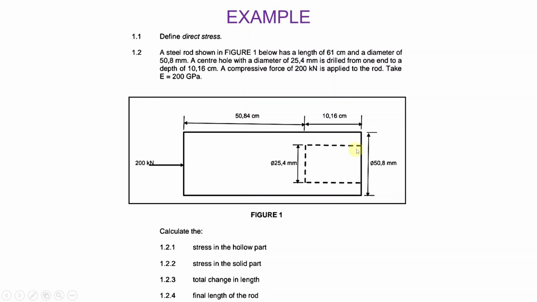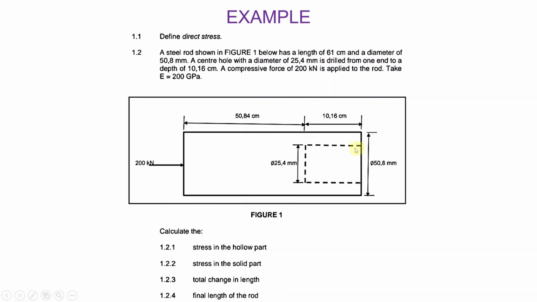Okay, so basically you have this object, but on one side there is a hole that has been drilled in the object. For those of you who have done engineering drawing, you can understand a drawing like this. You can see that these discontinued lines are to show that there is a hole that has been drilled inside of the object.